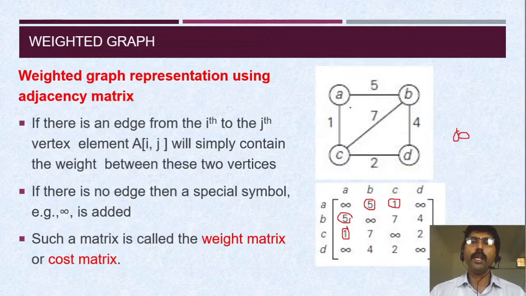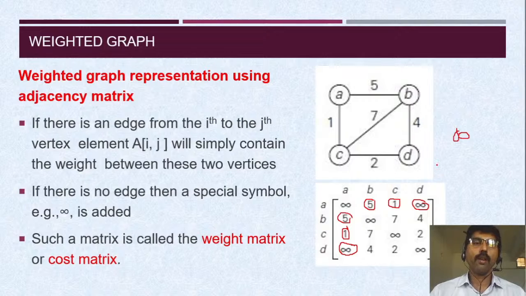For example, there is A to D. There is no separate edge, so A to D is indicated by infinity. C to C as well as D to A, there is no edge, so it is also indicated by infinity.